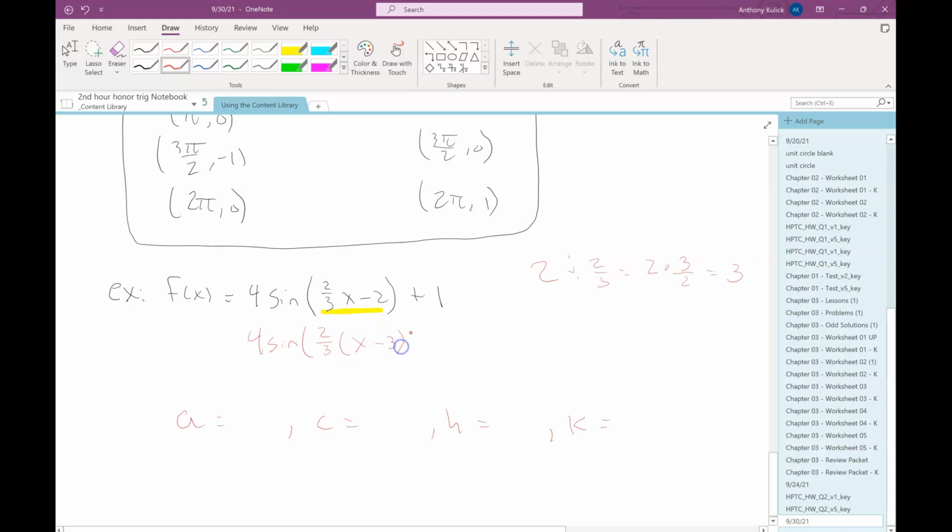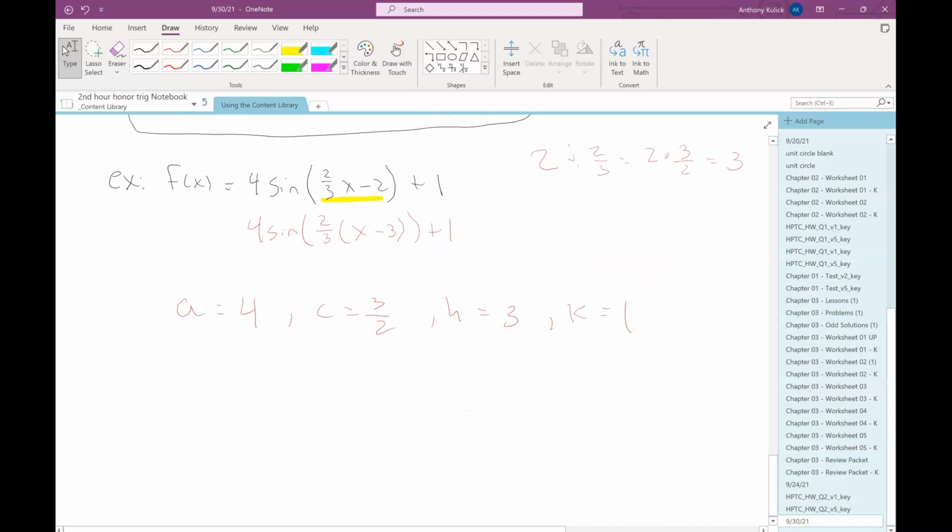I know that's kind of crummy, but real important. So far, so good. Okay. So now, everybody caught why the c is 3/2.